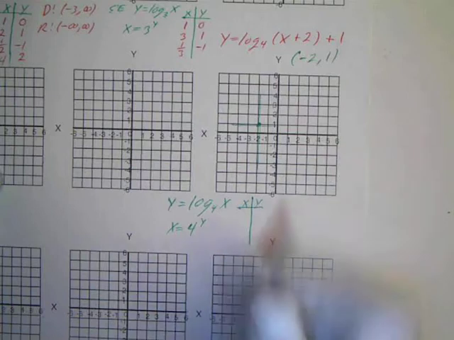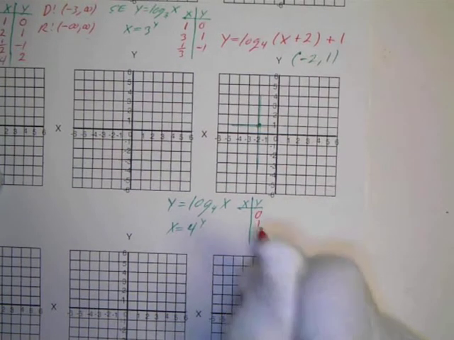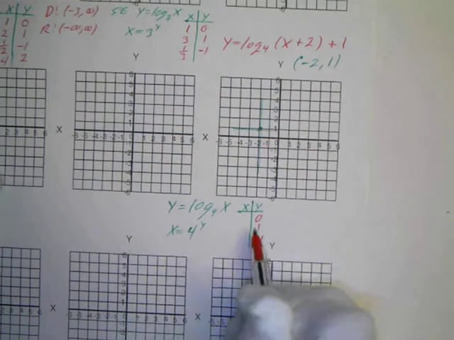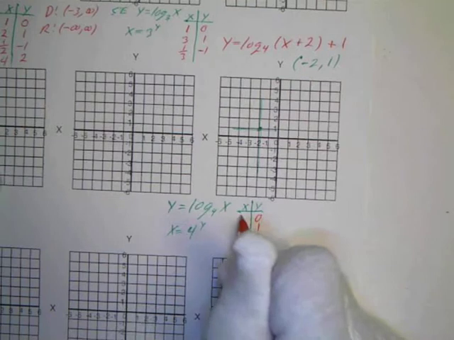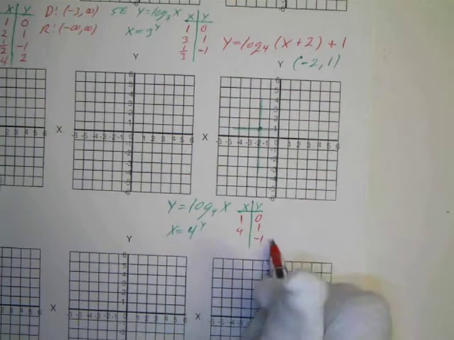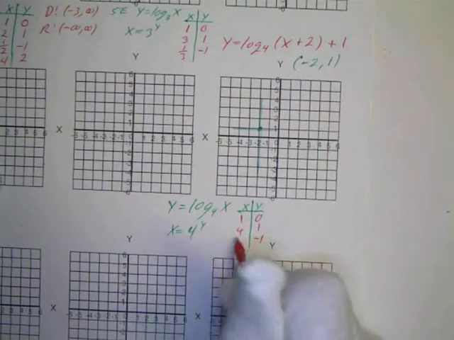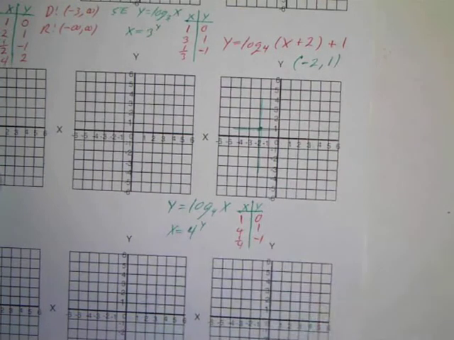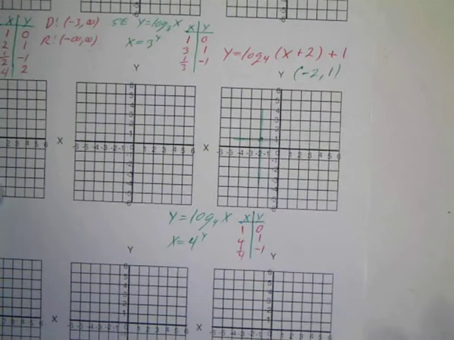And I'll just put my values in for y, 0, 1, and negative 1. And when y is 0, x is 1. 4 to the 0 is 1. When y is 1, 4 to the 1 is 4. And y is negative 1, 4 to the negative 1 is 1/4. So those are your 3 points from this new origin.